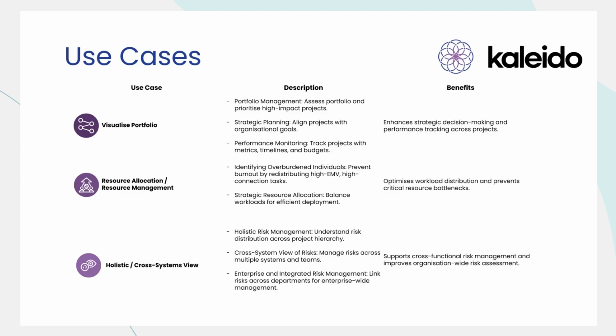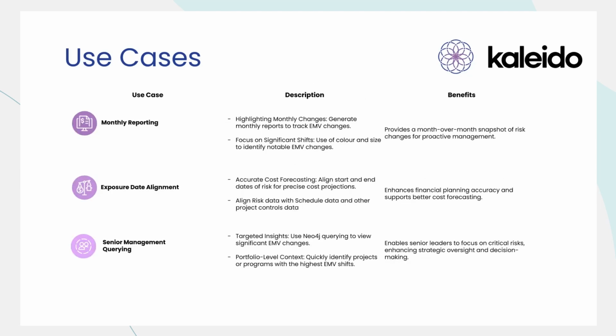Third one is the holistic and cross-systems view that I mentioned, providing a comprehensive understanding of risk distribution across projects to support cross-functional risk management across different systems and teams, bridging those silos. Fourth one is monthly reporting, providing a different view of the data as it changes month by month, or even more frequently, week by week.